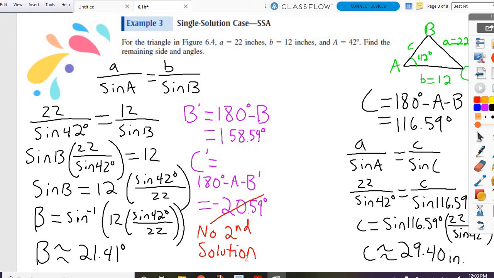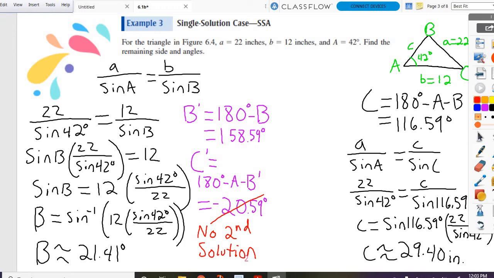Alright, so any questions on that? Yes? No? Maybe? Yes. For the second C, you would subtract A and the B, just like I did on my first one, right? They give me A, so that doesn't change.